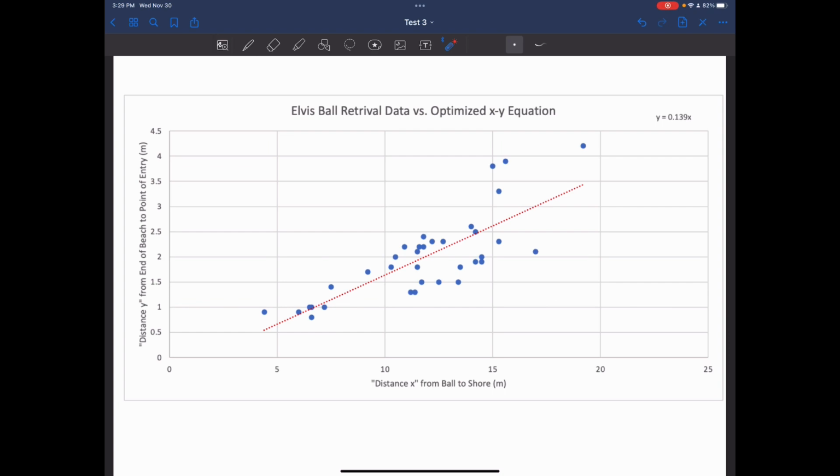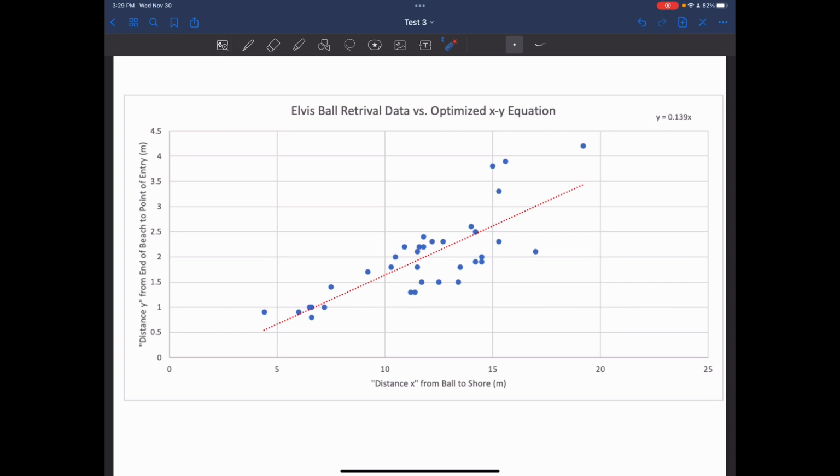Looking at the graph, we can see that Elvis's data does seem to follow the trend line of our equation, specifically from roughly around 5 to around 12 distance x. We can see a trend, though, that as the numbers increase past this point, as they get closer to 15 and 20, they fall away from the trend line and show that Elvis jumped into the water much sooner than would be optimal.